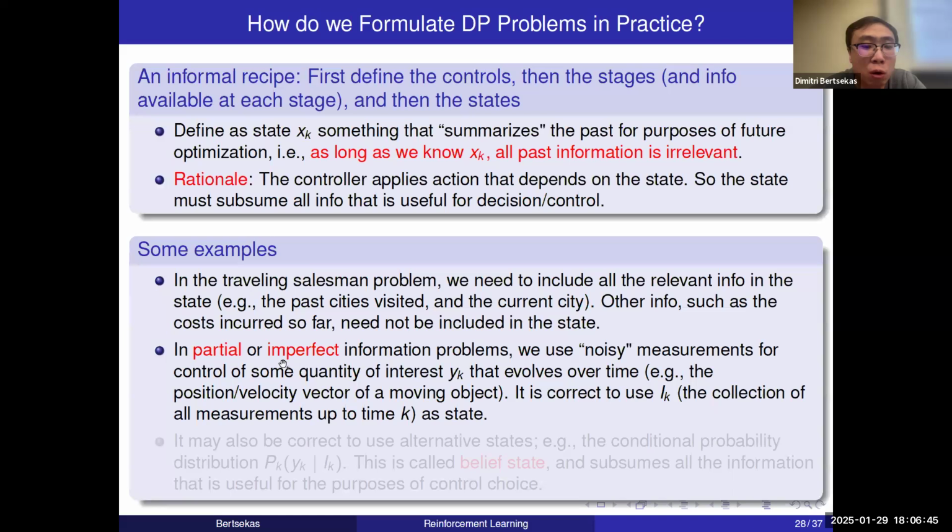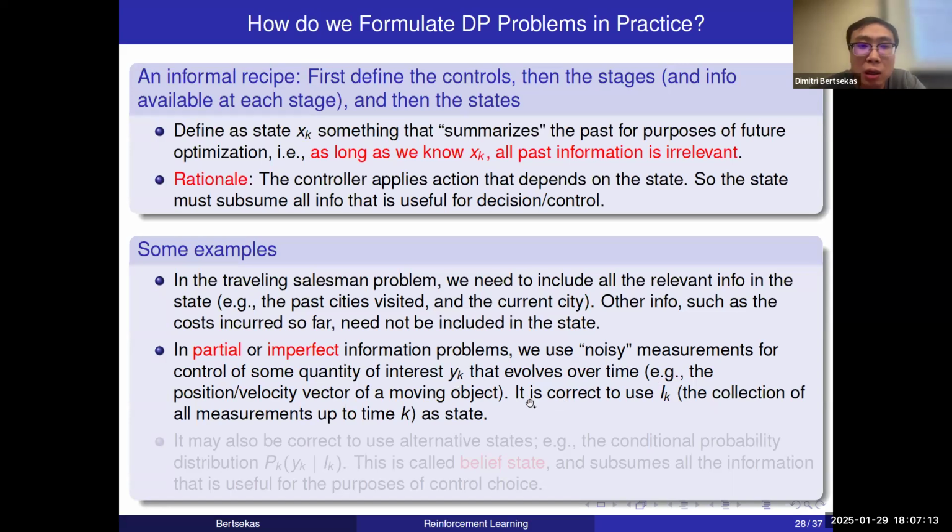In the examples that we're going to talk about in a later lecture, we're going to provide an application of such a problem. It's called partial or imperfect information problems, whereby we use noisy measurements for control of some quantity of interest y_k that evolves over time, which we don't have precise access to. So the best we can do is measure it with some noise involved in the measurement.